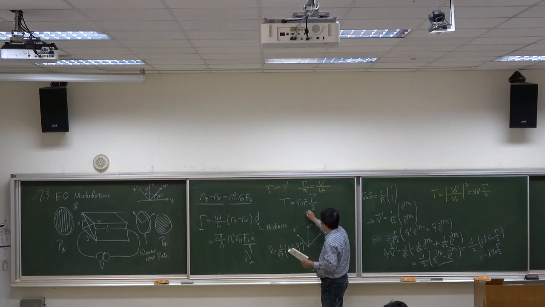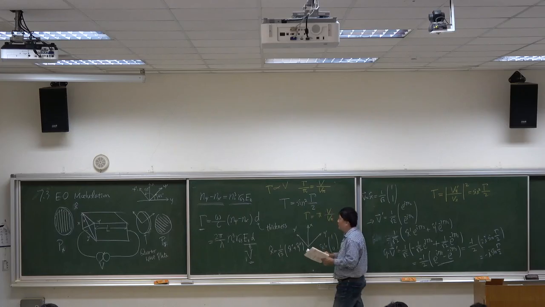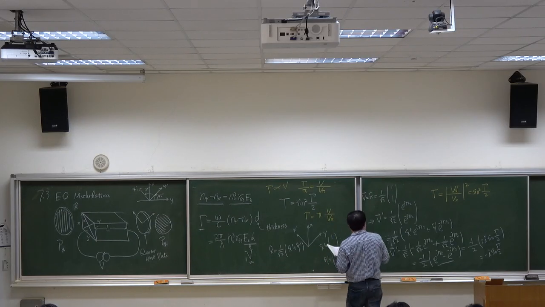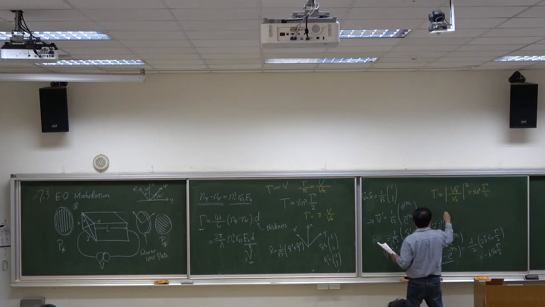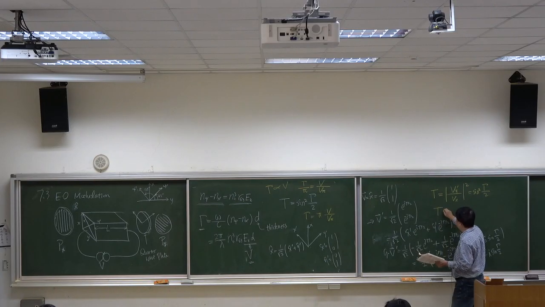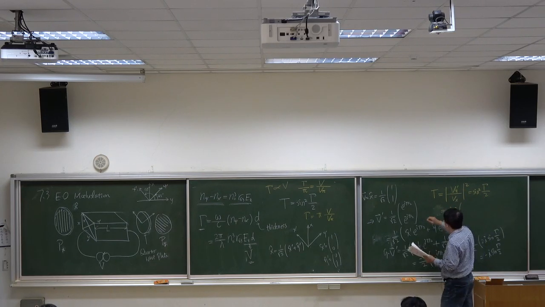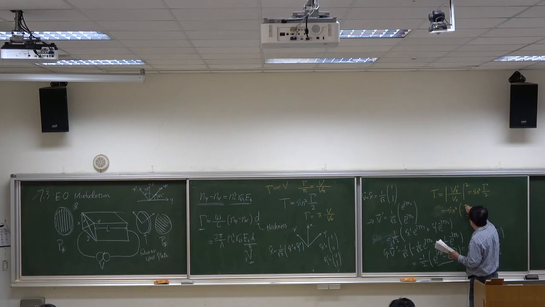So we can write gamma as pi times V over V pi. Okay? So this tells us that T can be written as sine squared half gamma, so sine squared of half pi V over V pi.